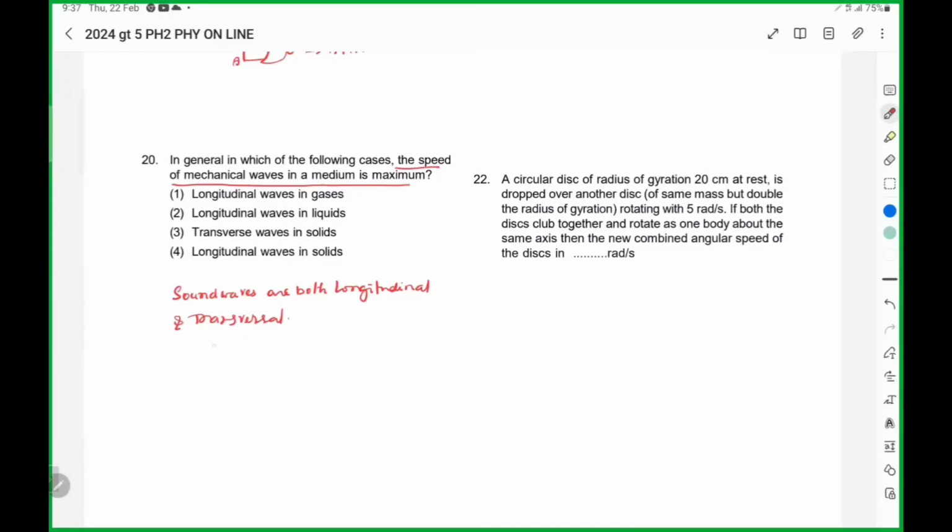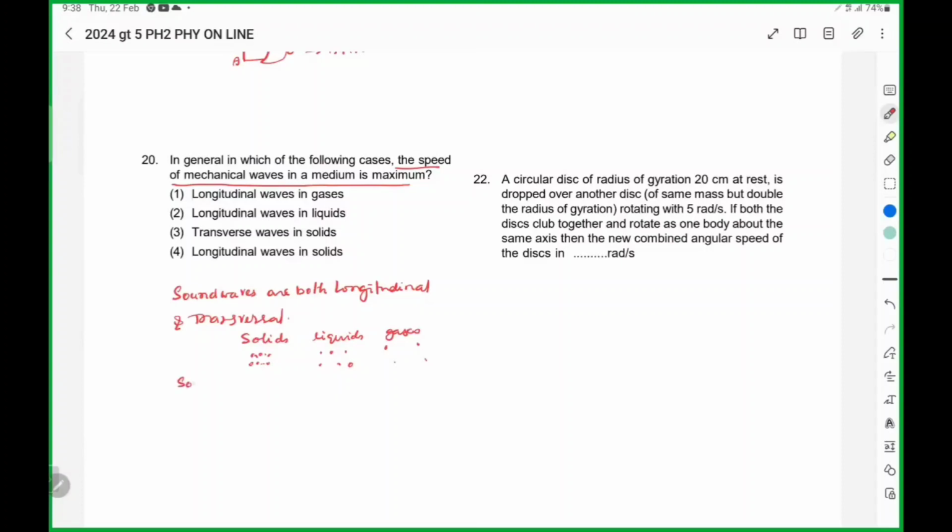So what is the difference between solids, liquids, gases? Here in solids, molecules are packed very near. In liquids the separation between them is more. In gases, more separation.